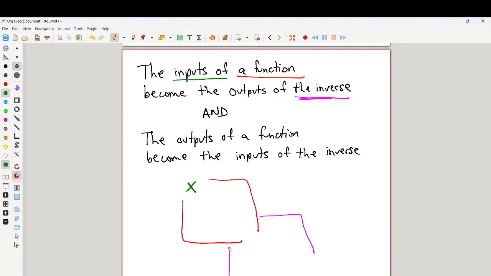And the outputs of a function, I'll use y, that's the output, is literally the input of the inverse. These outputs become the inputs.